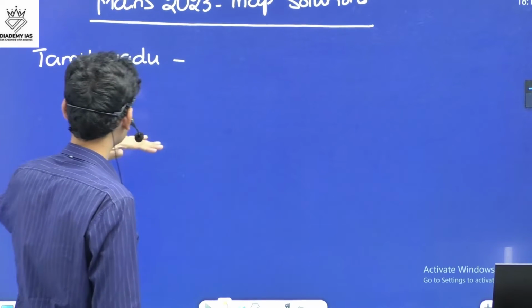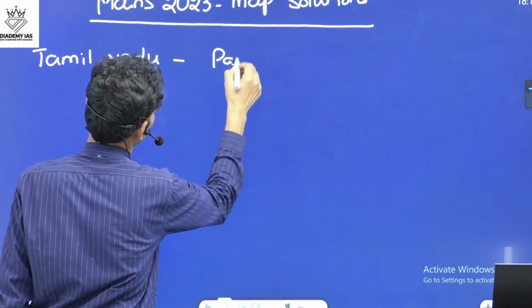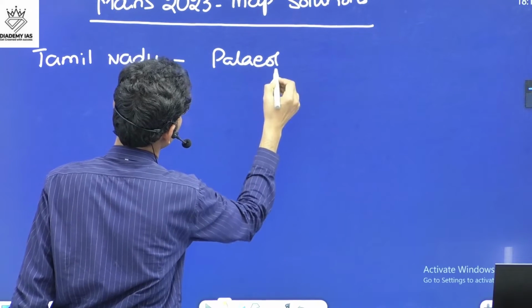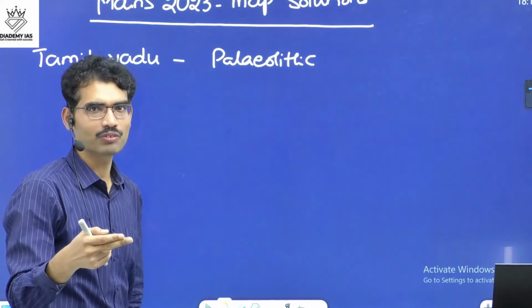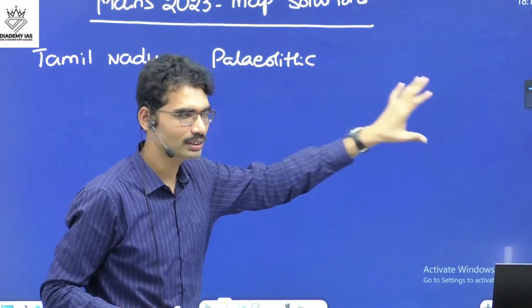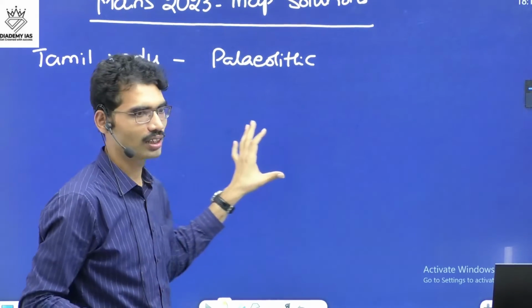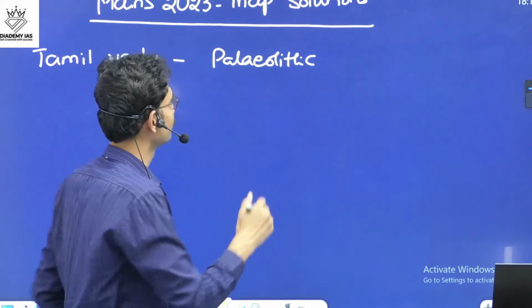While you are preparing, you have to prepare this way. From Tamil Nadu, what are the Paleolithic sites? Maybe 3-4 sites will be there. But if you have all Paleolithic sites in one place, then if a question is asked from Tamil Nadu, some Paleolithic site, you can easily go and collect it.